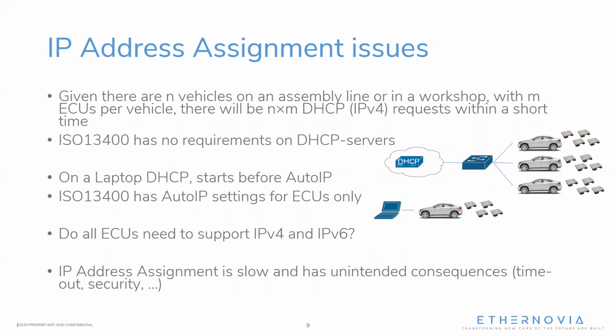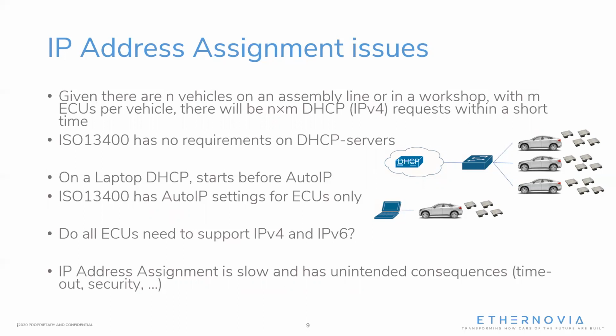The IP address assignment, as I mentioned before, was based either on DHCP if we assumed to have an infrastructure, or on auto IP if we assumed that there was a laptop directly connected to the vehicle. Unfortunately, it is not known in the system which of the 2 cases is actually currently prevalent.